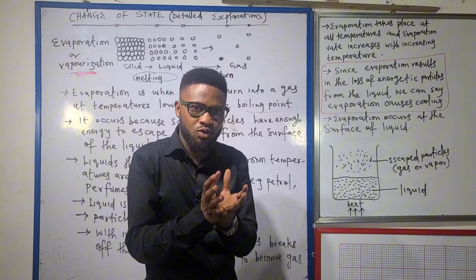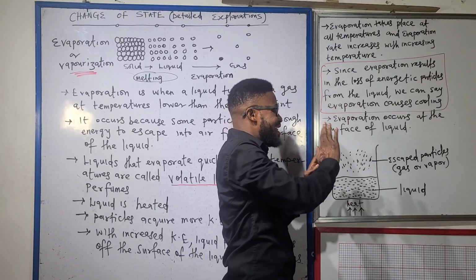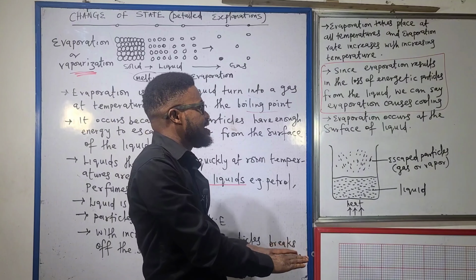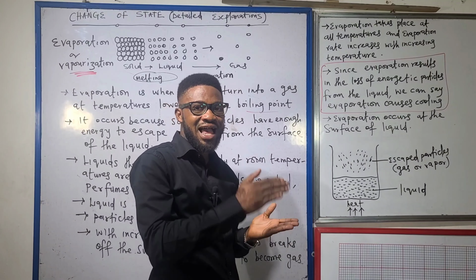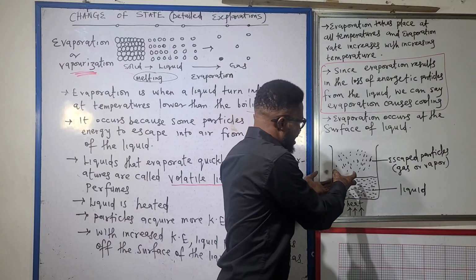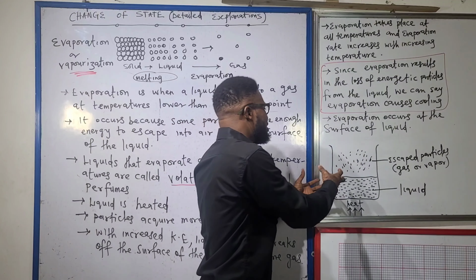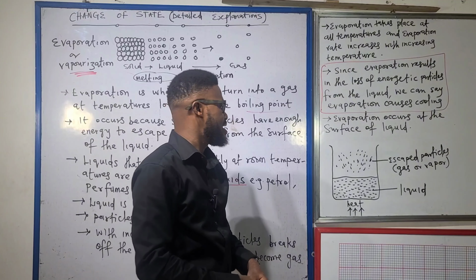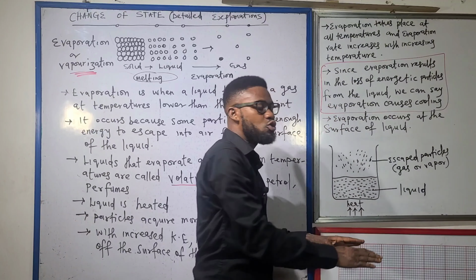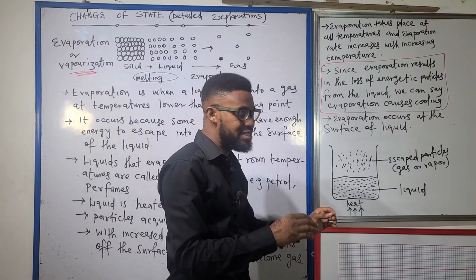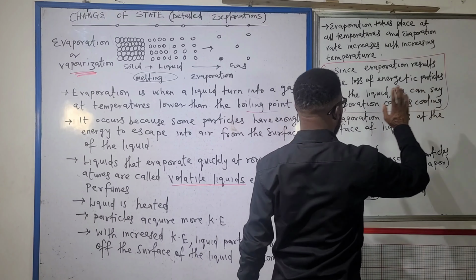If the energetic particles that had absorbed enough heat energy are escaping from the surface of the liquid, leaving behind those that are less energetic, then the temperature is not going to be as high as before. Those particles that are escaping have enough heat energy in them. If those particles with heat energy had escaped, leaving behind those with minimal heat energy, then we can conclude that evaporation causes cooling.